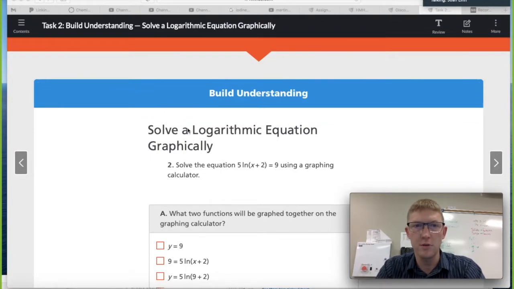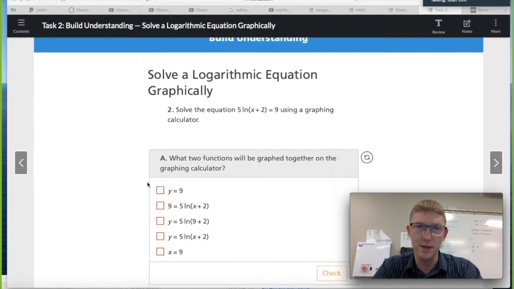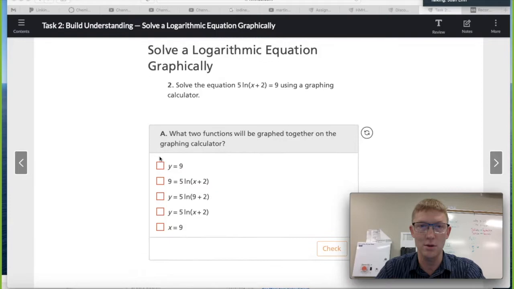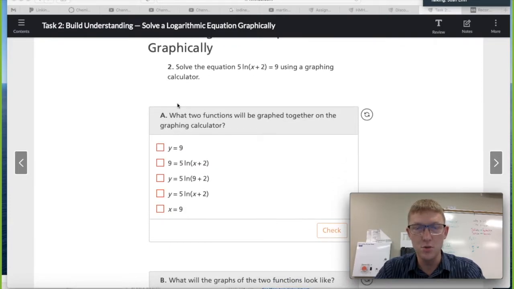So more solving logarithmic equations graphically. It says solve the equation 5 natural log of x plus 2 equals 9 using a graphing calculator. So this is one of those situations where natural log is on most calculators, and we can solve this using that calculator. So what two functions will be graphed together on the graphing calculator?